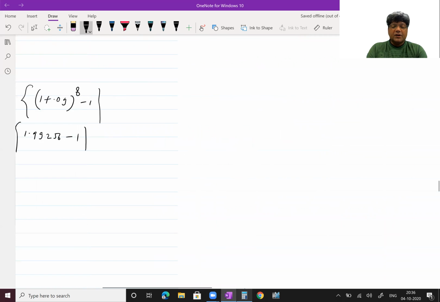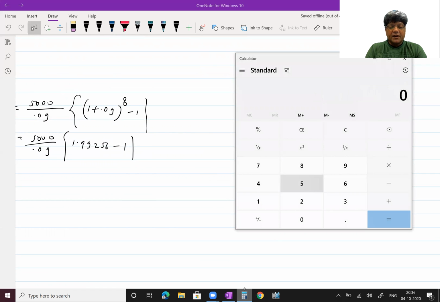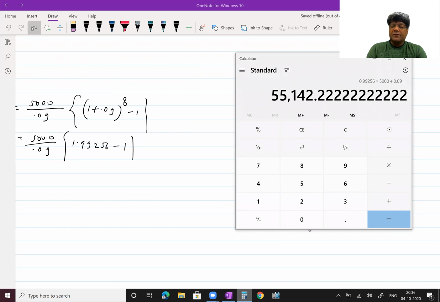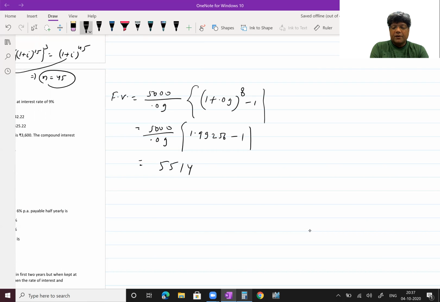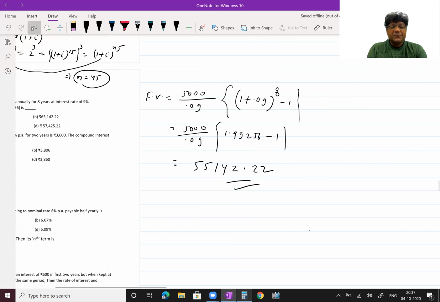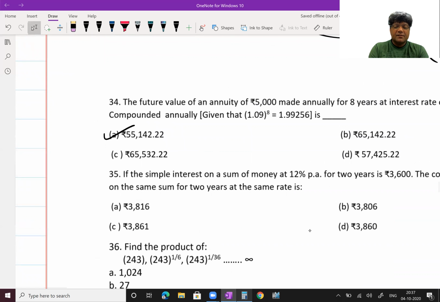So use calculator. 1.99256 minus 1 into 5,000 divided by 0.09 is equal to 55,142.22. Any option? Yes. First option is matching. See, this is the answer.